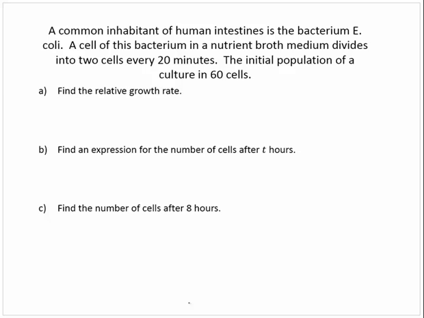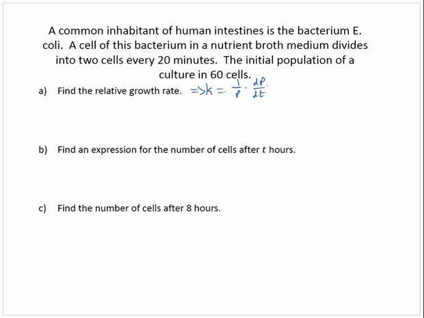So recall, just from the previous statement, that the relative growth rate is that k value, which is 1 over P times dP/dt. Well, we can start by saying, how do we know that this is an exponential?